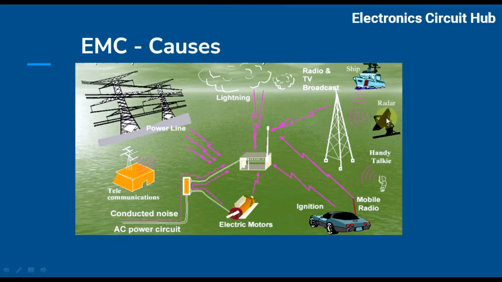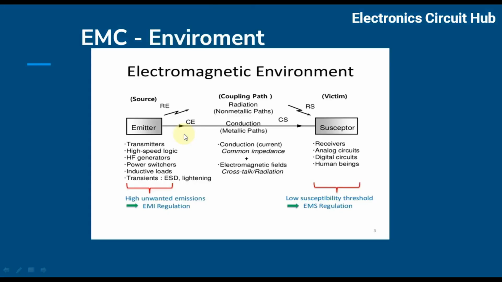You have radar systems that will impact your product. You have walkie-talkies that impact your product. You have mobile radios, or you have a car that may impact your product. You have some electric motors that may impact your product, in the form of conducted noise or in the form of radiated noise, right? So these are the basic causes of your EMC, right?